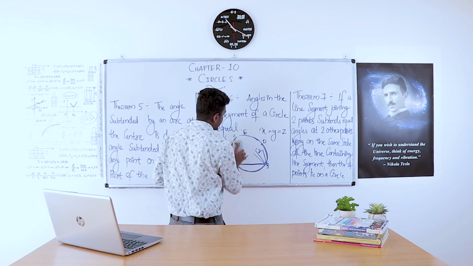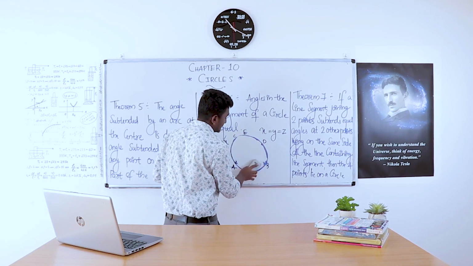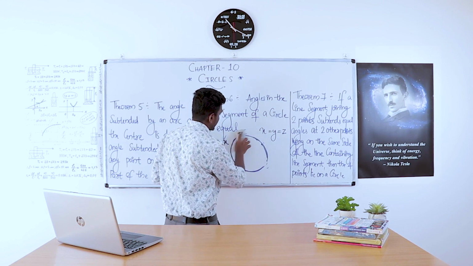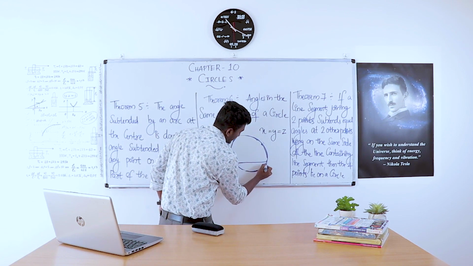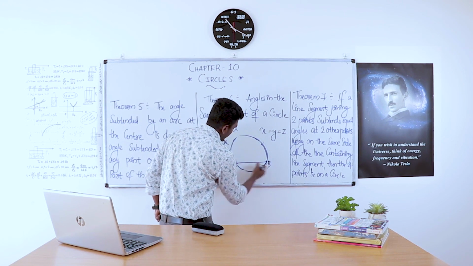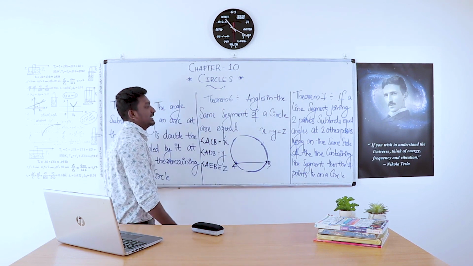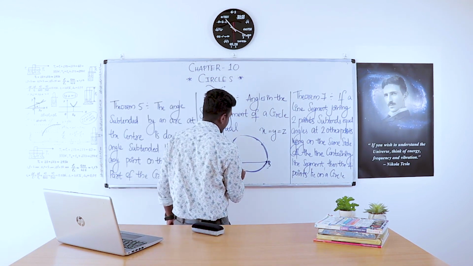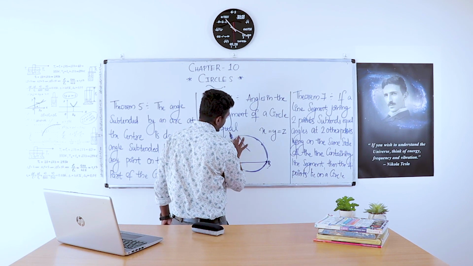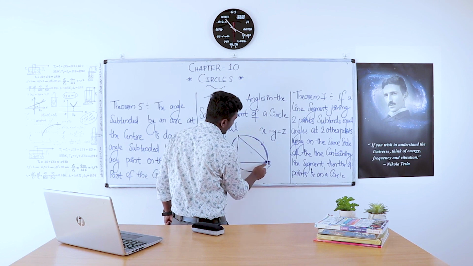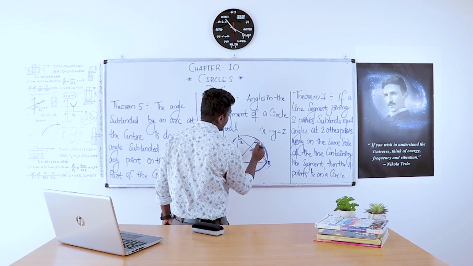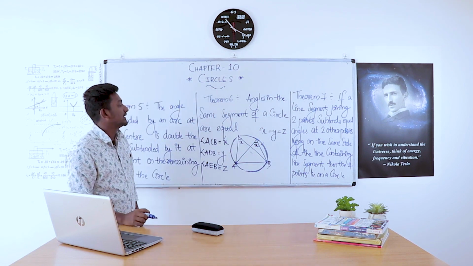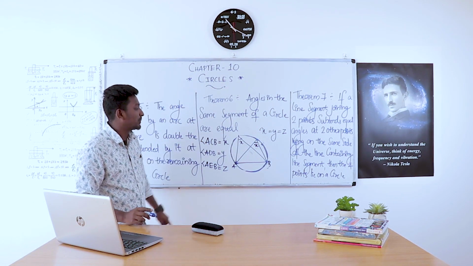That simply means, if a line segment joining 2 points, I am considering a line segment AB joining the points A and B, subtends equal angles at two other points lying on the same side, both are equal angles, therefore both can be taken as X. Then these 4 points lie on a circle.